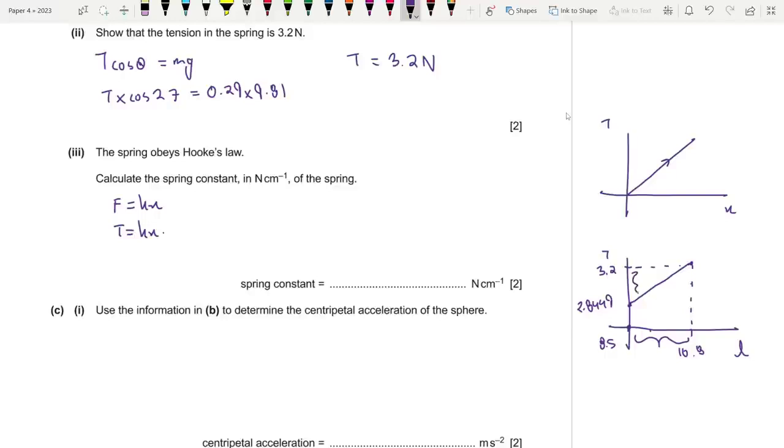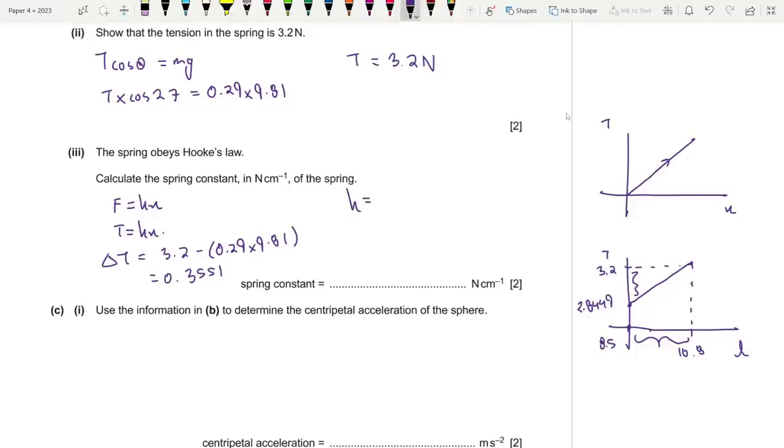I want to find the change in the y-axis. So del T is equal to the final tension 3.2 minus the initial tension 2.8449, or 0.29 into 9.81. That's what they wrote in the mark scheme. That gives 0.3551, that's del T.